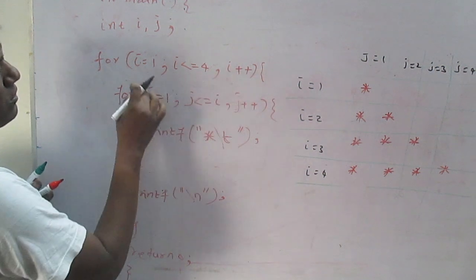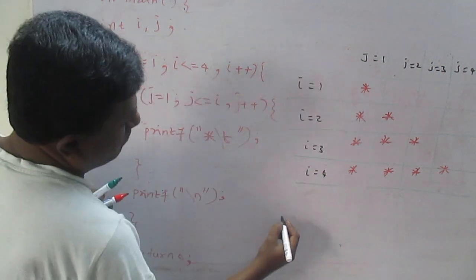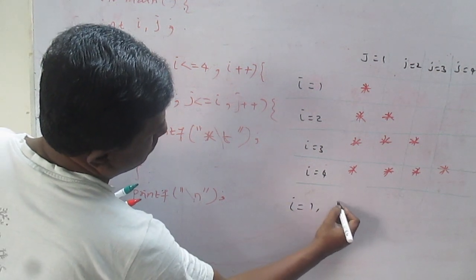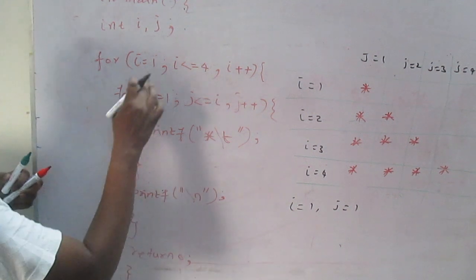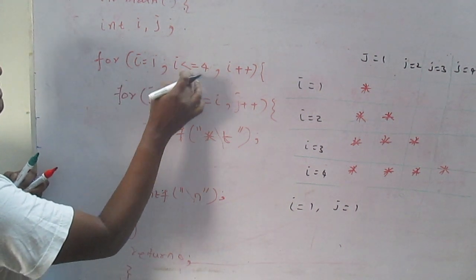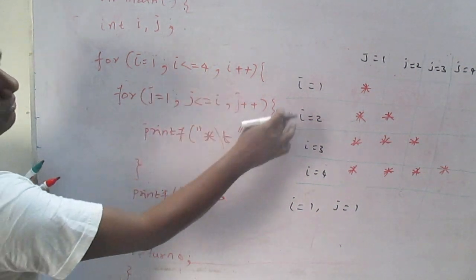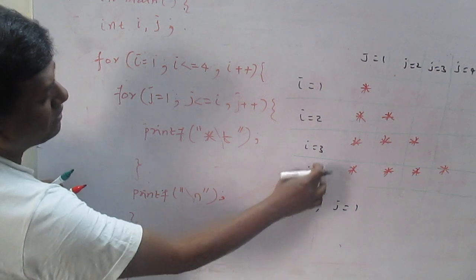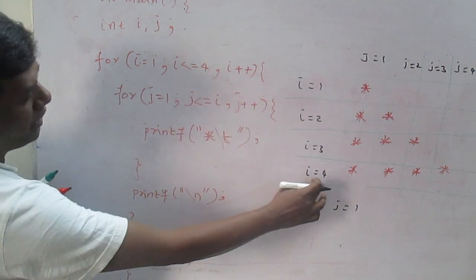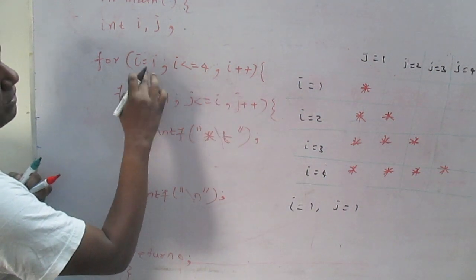The first loop condition is true because i is less than or equal to 4. Based on the maximum number of rows, we have put 4. If we had 5 rows, we would put 5. It starts with 1.